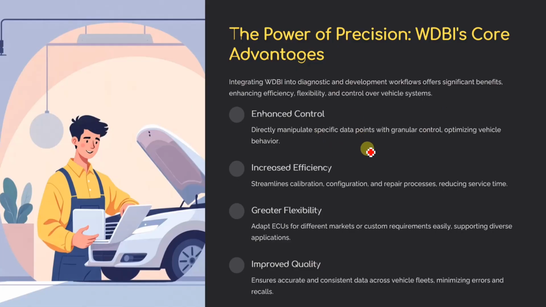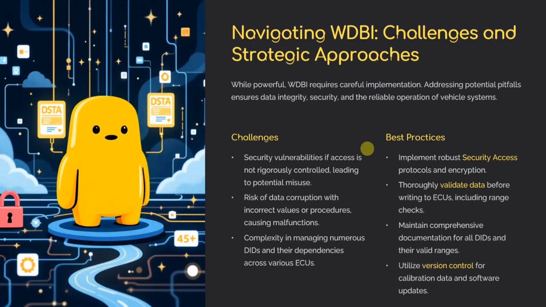Increased efficiency: streamlined calibration, configuration, and repair processes, reducing service time. Greater flexibility: it gives great flexibility to adapt the ECU for different markets or customer requirements easily, supporting diverse applications. And improved quality: it ensures accurate and consistent data across vehicle fleets, minimizing errors and recalls.